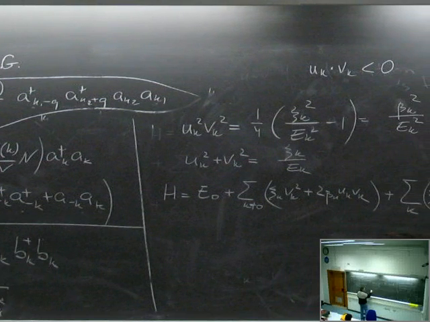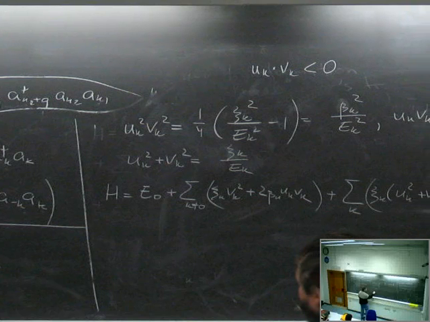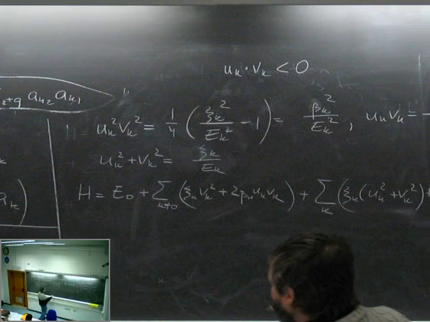So this is E naught plus the sum over k not equal to 0. Let me plug in everything.